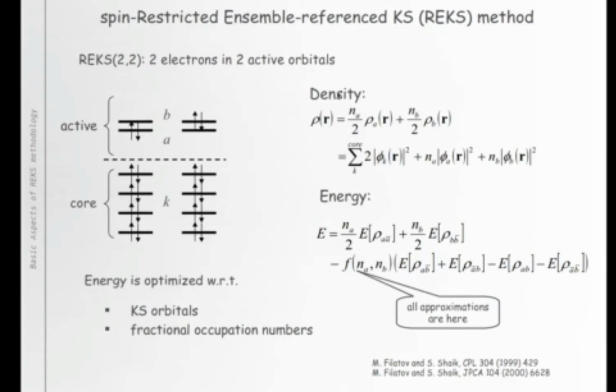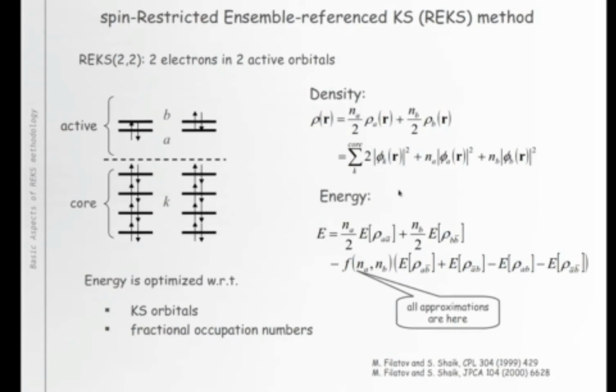And I will end up with fractional occupations of the frontier orbitals A and B. And the energy expression will have, again, the two energies of the two ensemble components, plus some term which describes the coupling between the two components.